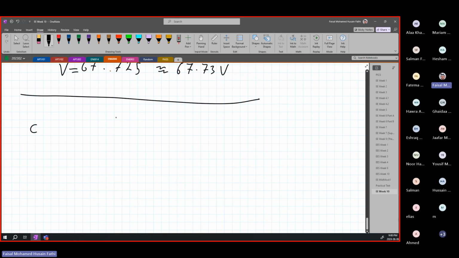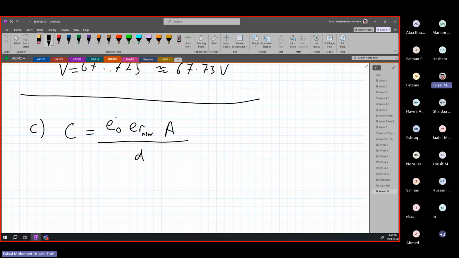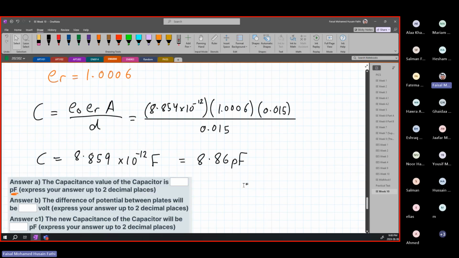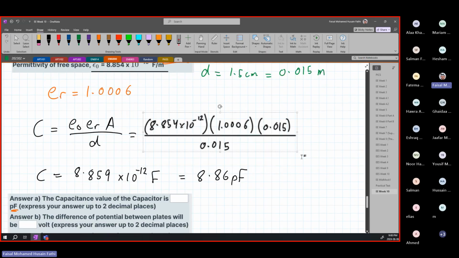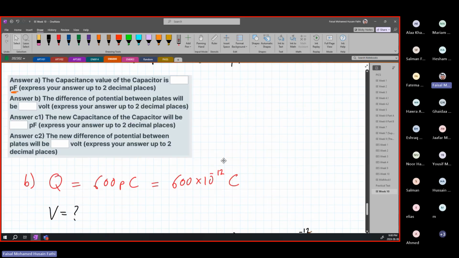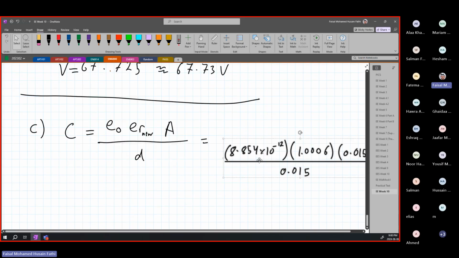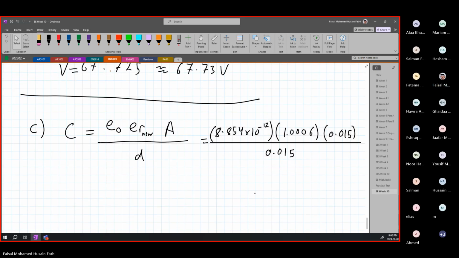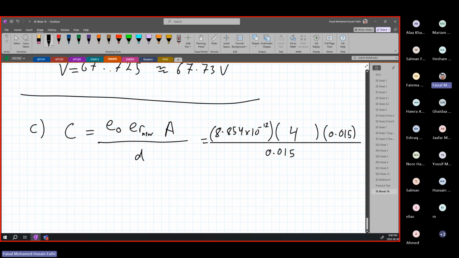So for part C, C is equal to E0 ER new, area doesn't change and the distance will not change. All you will change in this equation is your relative permittivity from 1.0006 to 4. That's it. So here we put 4. And then you will repeat the exact same steps that we have already done.